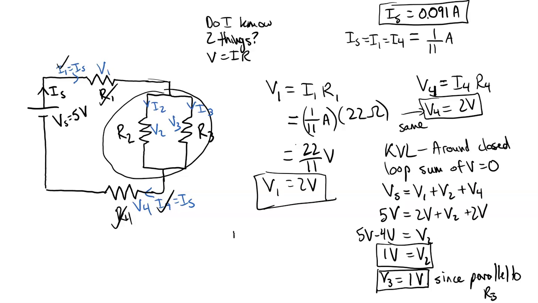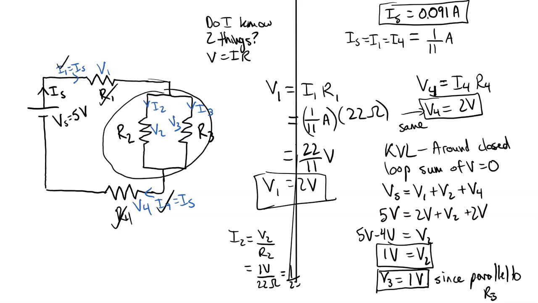I'm going to say that I want to find I2. I2 using Ohm's law is going to be V2 divided by R2. We know that V2 is, it's 1 volt, not 2 volts, 1 volt. And we know R2 is 22 ohms, so it's 1 over 22 amps.